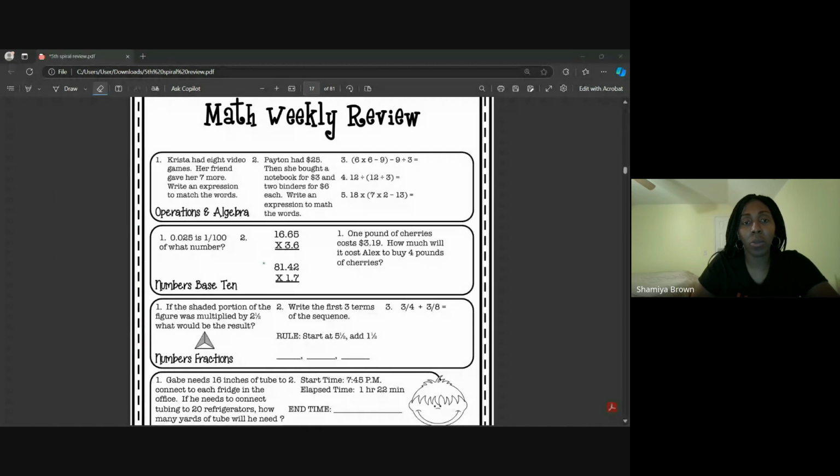Next one is a word problem. It says 1 pound of cherries costs $3.19. How much will it cost Alex to buy 4 pounds of cherries? So I'm just doing $3.19 times 4. 9 times 4 is 36. 1 times 4 is 4, plus 3 is 7. 3 times 4 is 12.